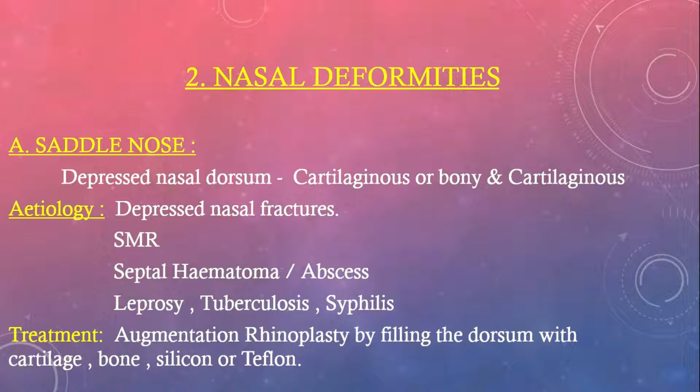While its etiology, why a nasal dorsum can be depressed, it could be due to a depressed nasal fracture, which just healed in that way without any correction, or it can occur due to an SMR, submucous resection operation, in which one has taken out a lot of septal cartilage, and it can also occur in septal haematoma as well as septal abscess, which destroys the septal cartilage, and then saddle of the nose occurs.